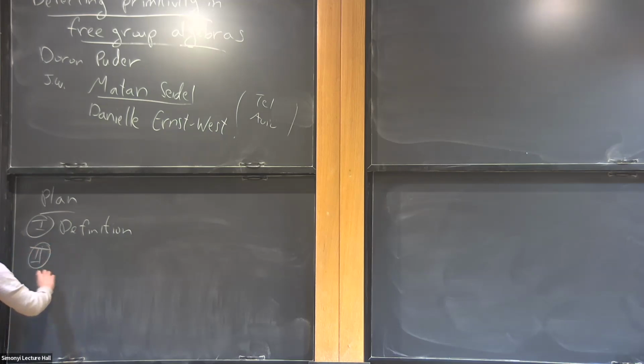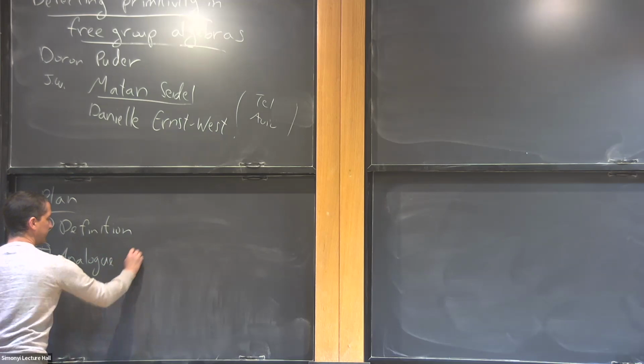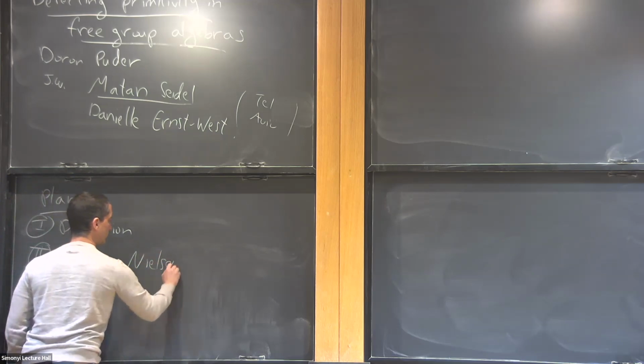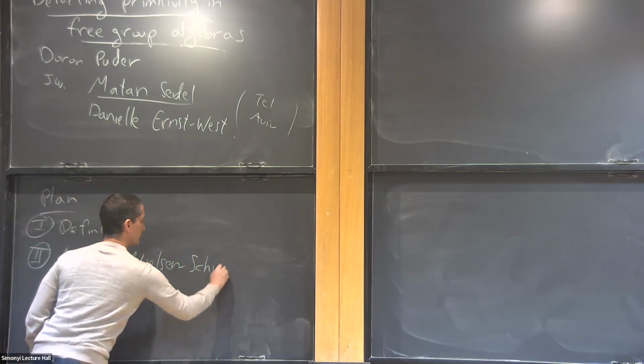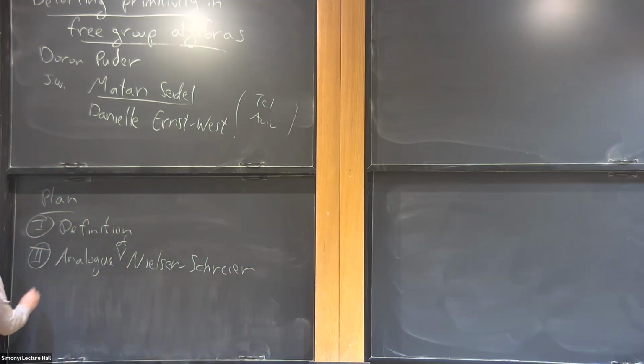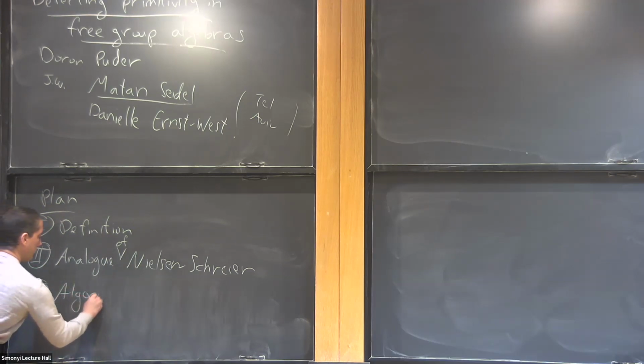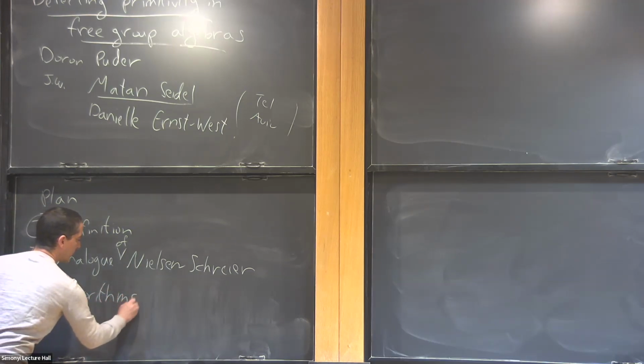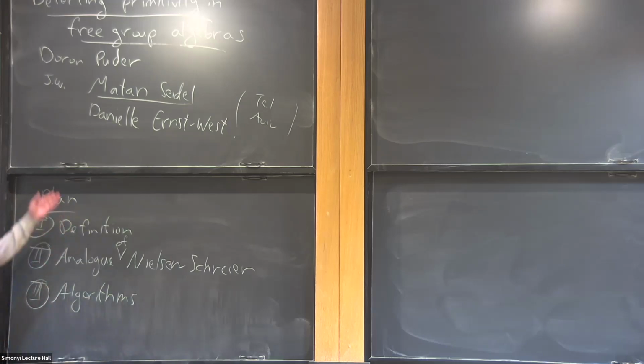I'll hint at why, and then I'll talk about the analog of the Nielsen-Schreier theorem for free group algebras, and then I'll talk about algorithms. In particular, I will mention the algorithm to detect primitivity.